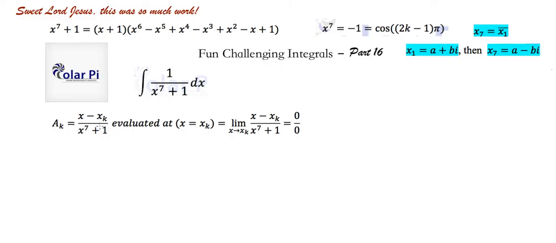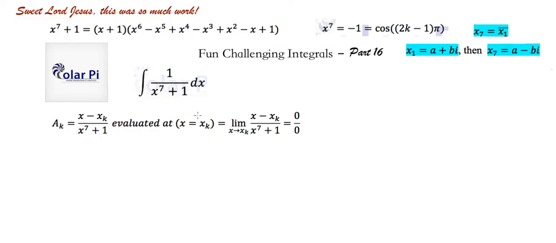But wait, that's saying the same thing as the limit as x goes to x sub k of the quotient, right? Because saying this evaluated at x equals x sub k is saying the same thing as the limit as x goes to x sub k of this quotient. And this is actually, I think, the most inventive part of this solution.